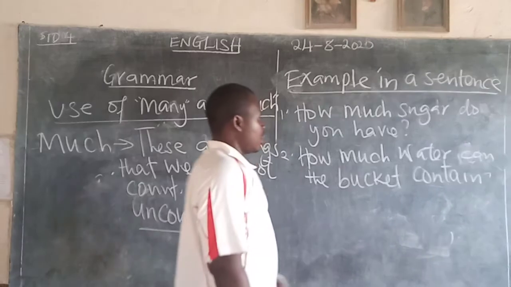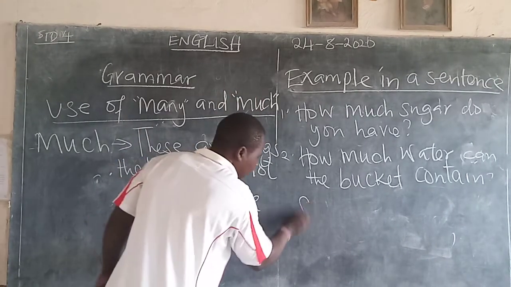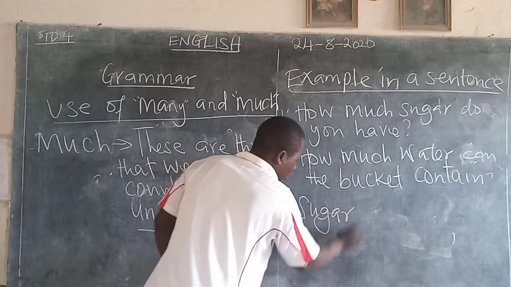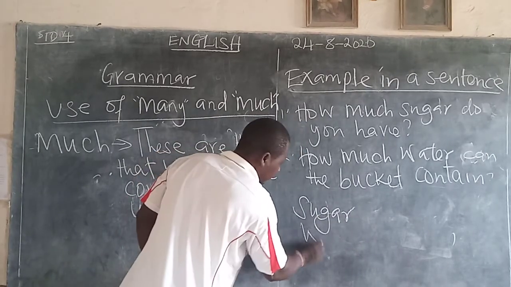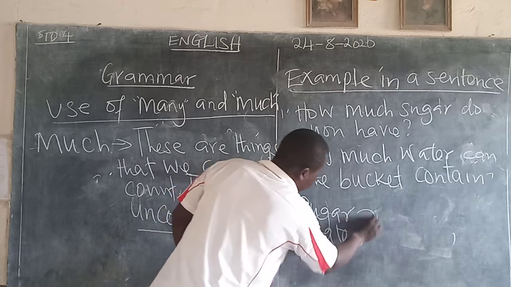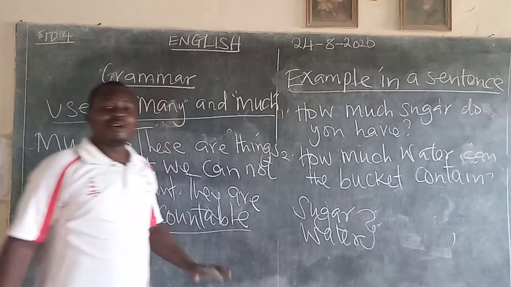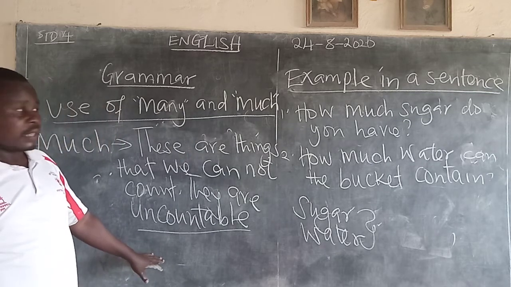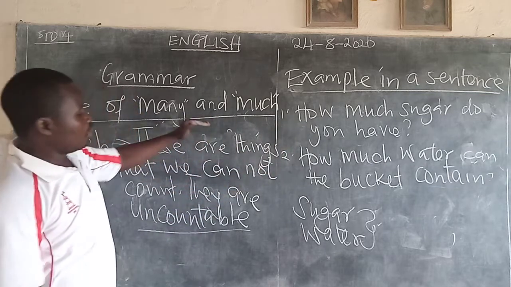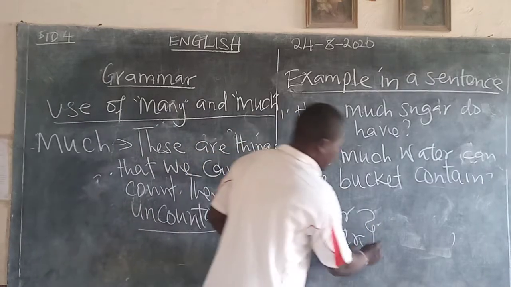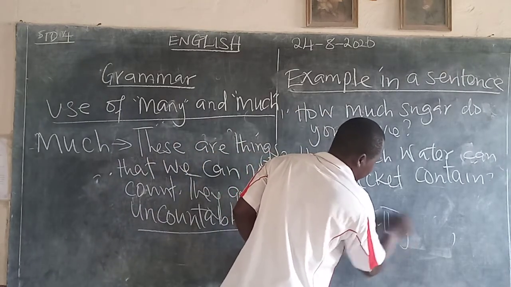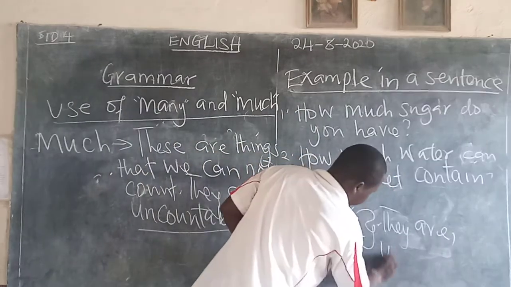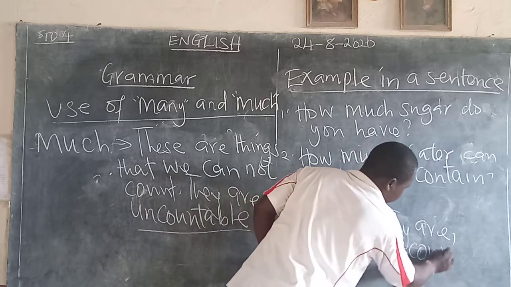Now, look at this. We have sugar and water. So these ones, we cannot count them. They are called uncountable goods. They are uncountable.